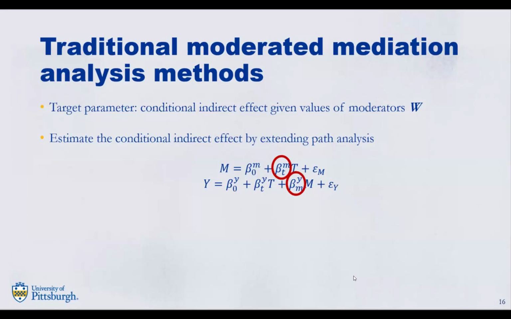In the moderated mediation analysis, people estimate the conditional indirect effect for each subpopulation. So they fit separate models and estimate the indirect effect within levels of the moderators, and obtain the conditional indirect effect within each subpopulation.